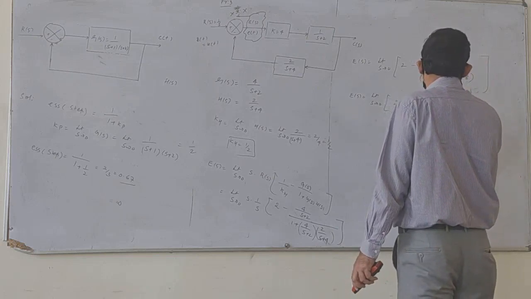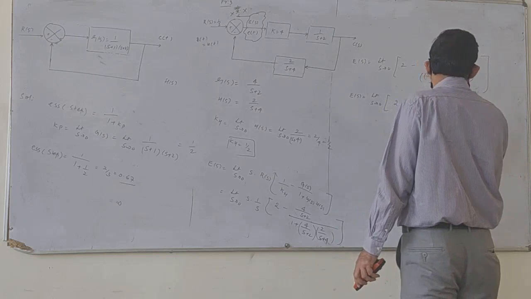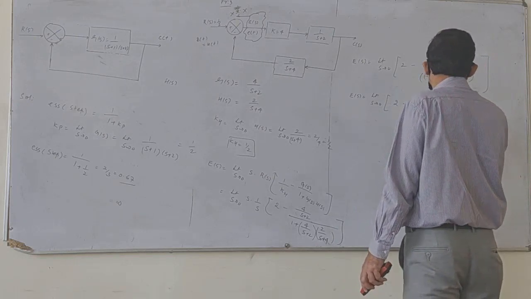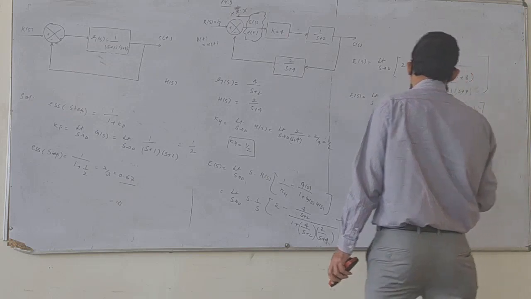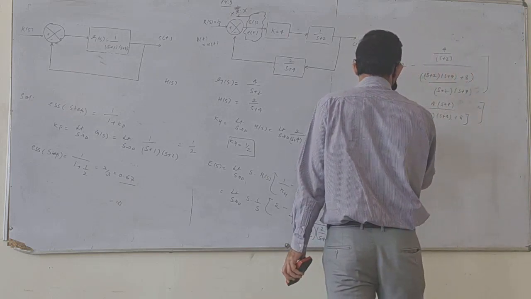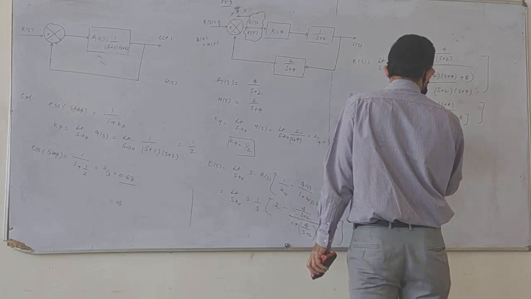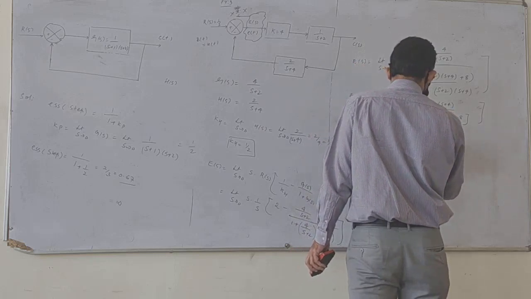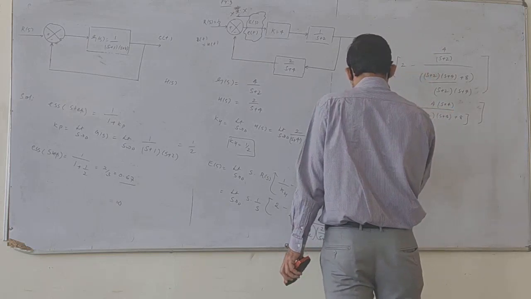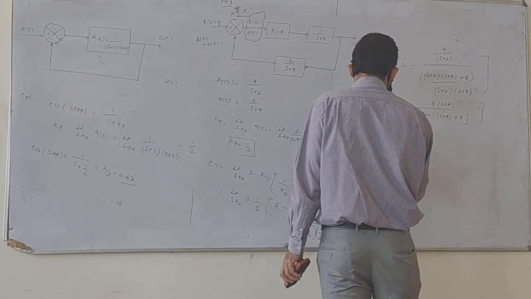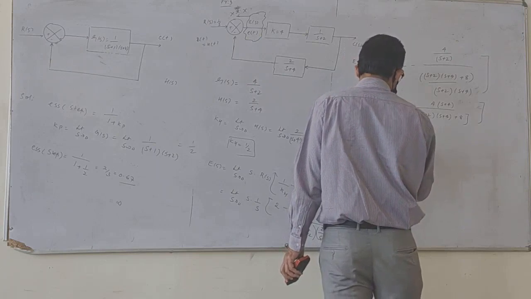The denominator will have (s+2)(s+4) plus 8. The limit as s tends to 0 of 2 minus 16 divided by 8 plus 8 is 16, so the answer, the steady state error, should be 1.